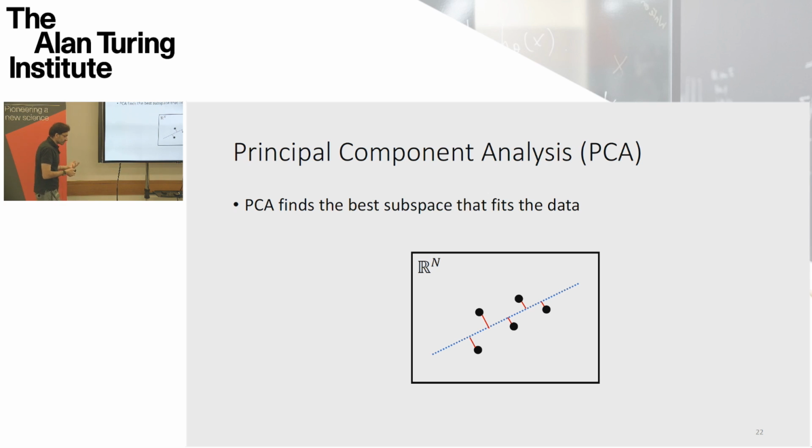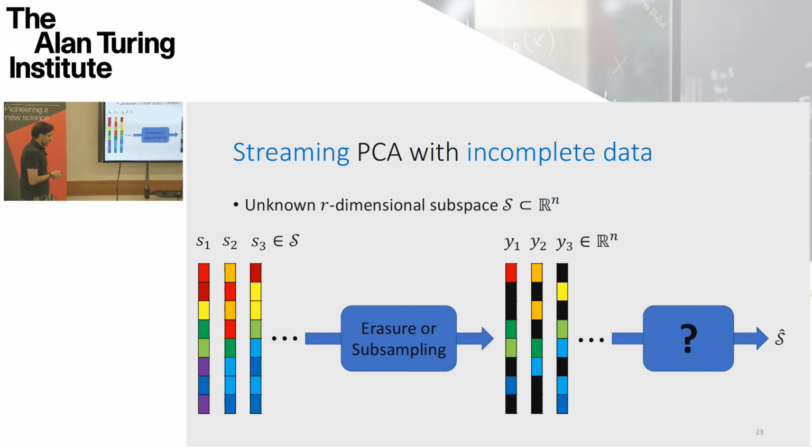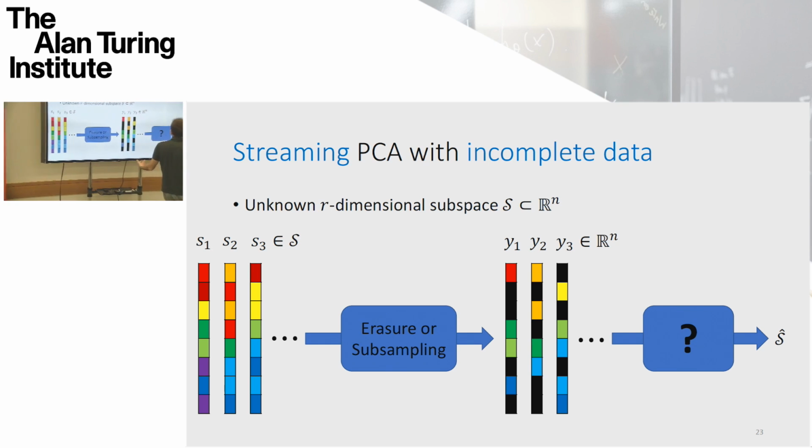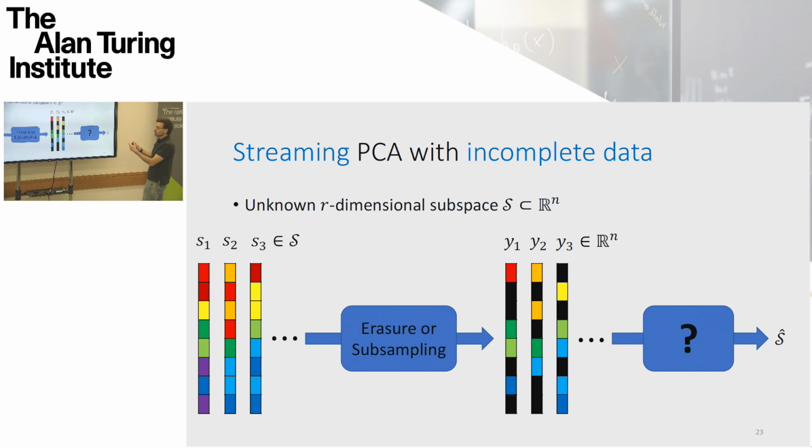Generally you have high dimensional and large data sets. So a very important question is what you would do if there's a stream of data coming in, and you want to compute the PCA of those data points, and you have some missing entries in them too.